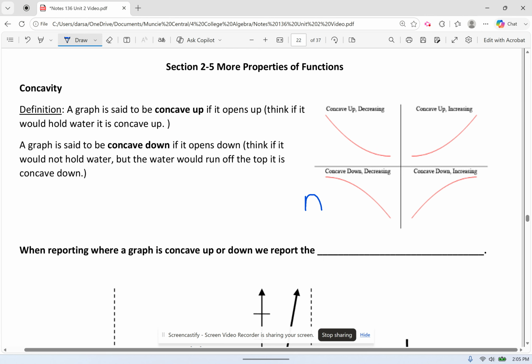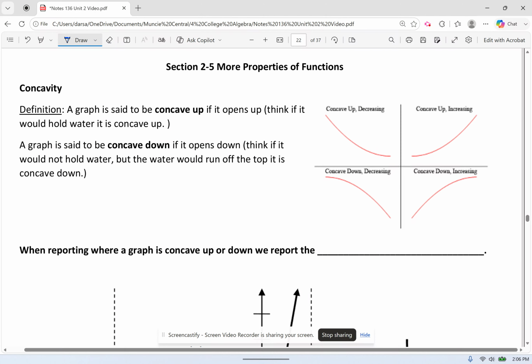Another way to think about it is if the shape would kind of hold water in it, if it would hold that water somehow, that is concave up. But if it's shaped in a way that the water would just rush off of it, that is concave down. Or you can just remember the letters U or N. So if you just look at these pictures, you can see visually where it is concave up and where it is concave down.